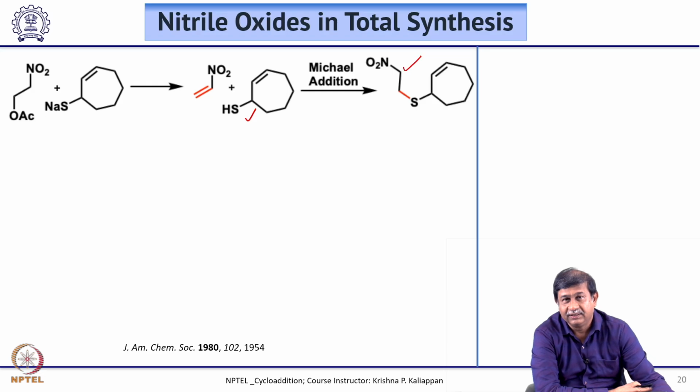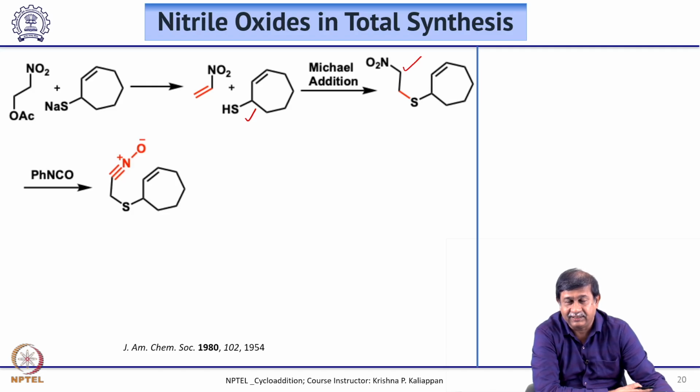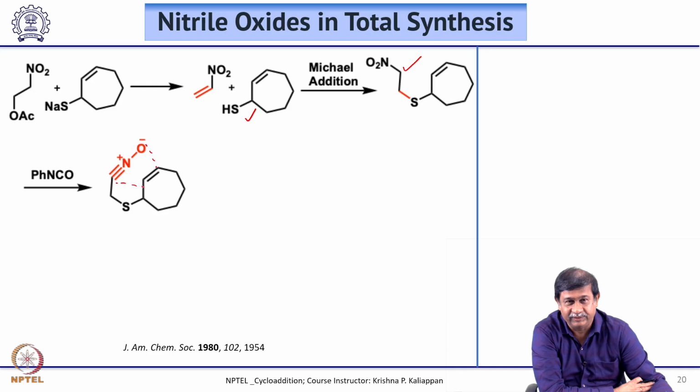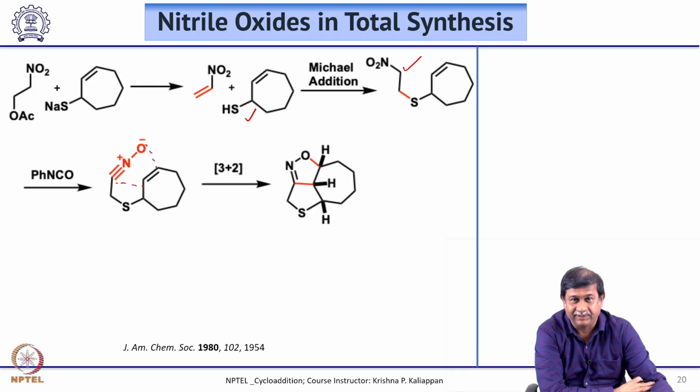As you know, when you have a nitro group next to CH2, then this can form a nitrile oxide if you treat with isocyanate. For example, here if you treat with phenyl isocyanate, it forms a nitrile oxide, and then this nitrile oxide can undergo an intramolecular 1,3-dipolar cycloaddition to form the 5-membered ring.